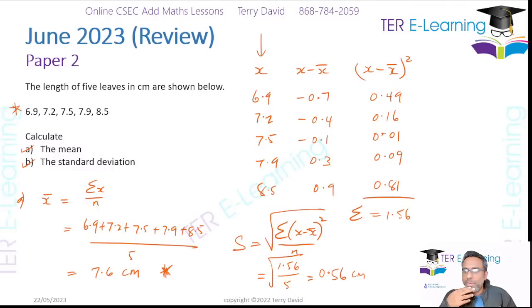Somebody's asking, yes, you're all saying variance. So I forgot the square root there. With the square root, that is your standard deviation. If I leave out the square root, that is variance.